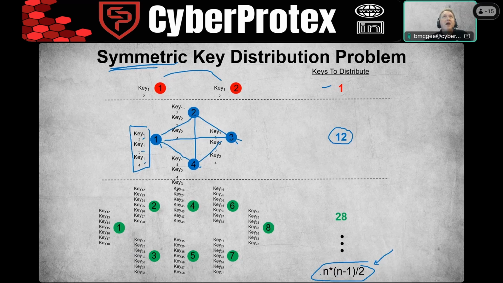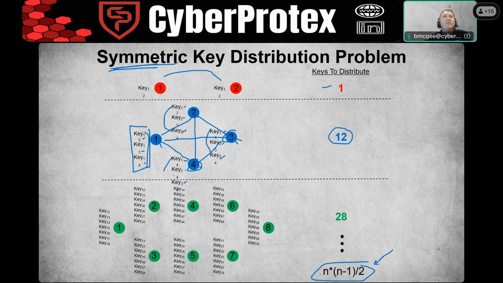Person 2 would need to have a key for 1, a key for 3, a key for 4. Person number 3 would need to have a key for 1, a key for 2, a key for 4, not themselves, right? And then person 4 would need to have a key for 1, a key for 2, and a key for 3. In this particular case, that would give us 3 keys for each.